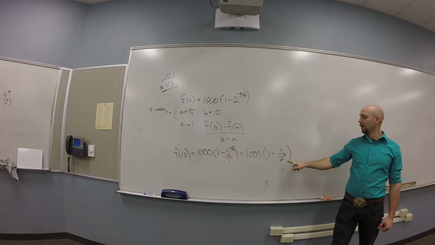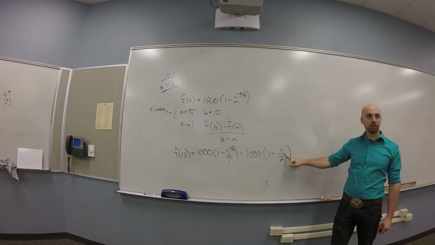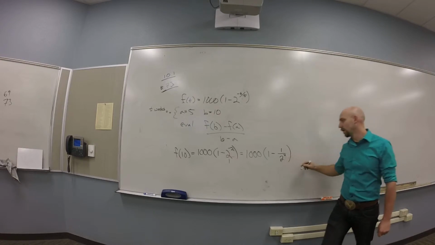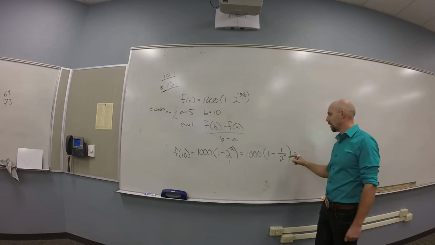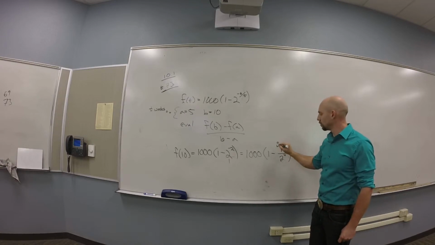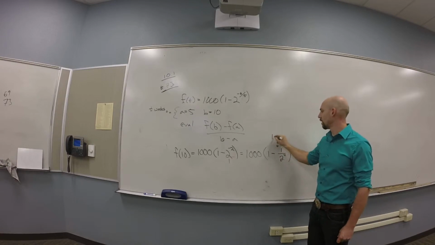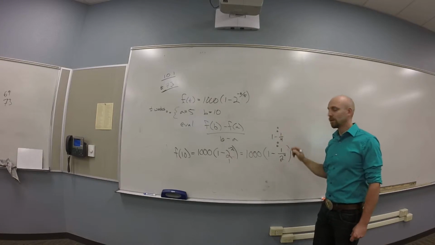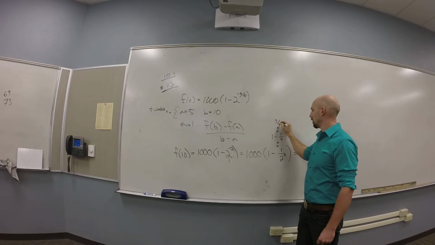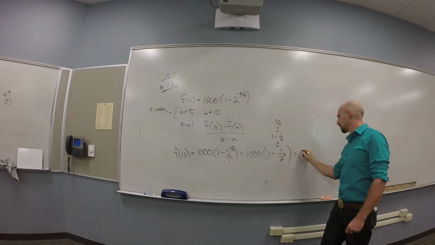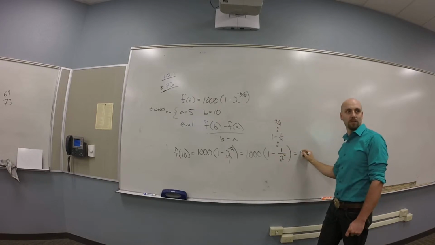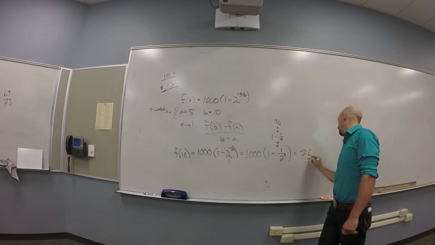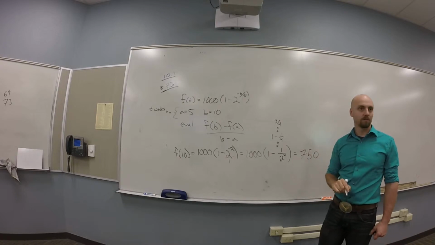And then I've got 2 squared, which is 4. So this is 1 minus a quarter, which is 3 quarters. And then I'm multiplying by 1,000, so what's 3 quarters of 1,000? 750. Cool.